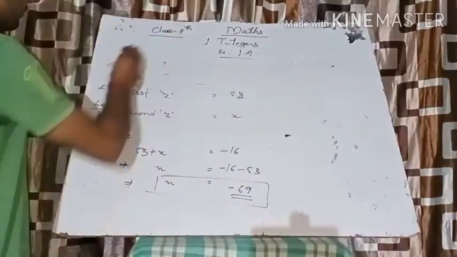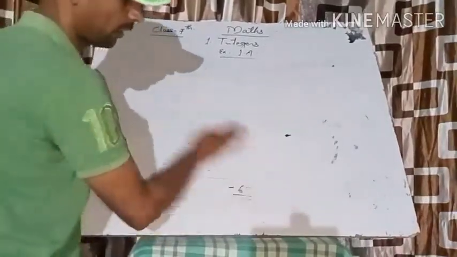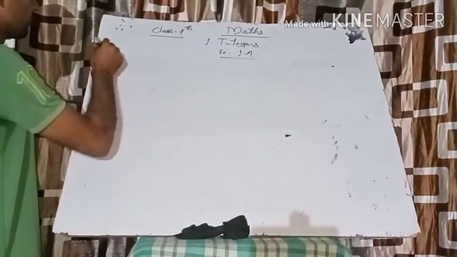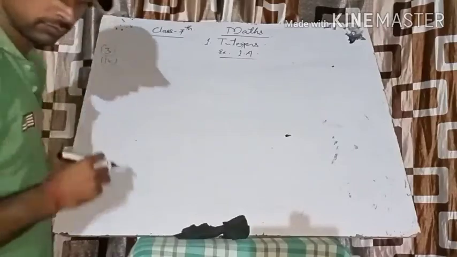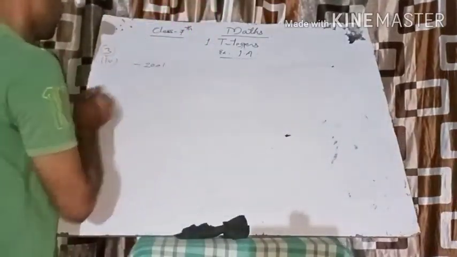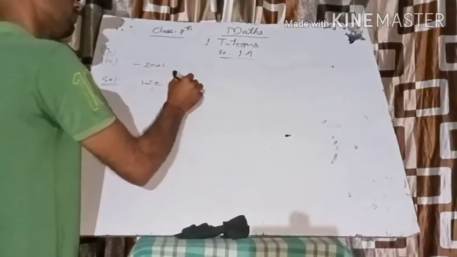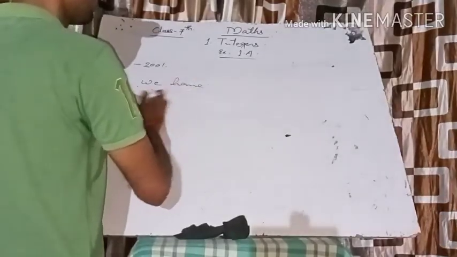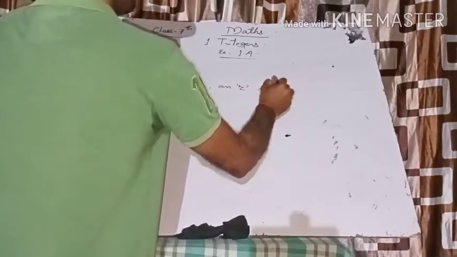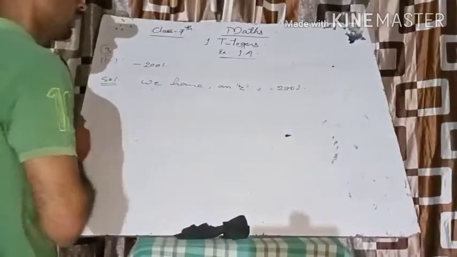Fourth part of question number 3. We have to find the additive inverse of minus 2001. Solution: we have an integer equal to minus 2001.